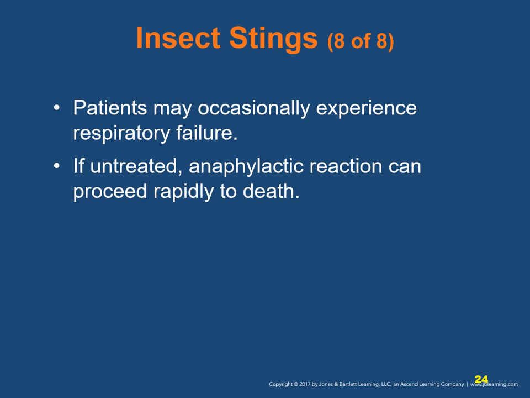Occasionally, respiratory failure can occur. If untreated, an anaphylactic reaction can proceed rapidly to death. More than 2/3 of patients who die of anaphylaxis do so within the first 30 minutes, so rapid treatment and transport is essential.